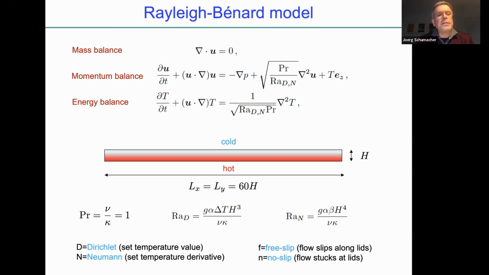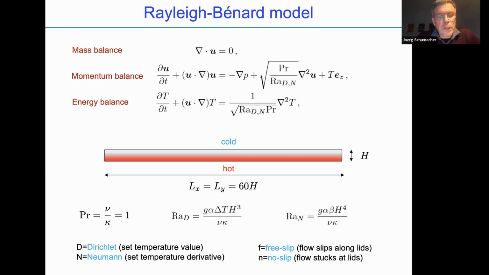There's the mass balance, which is the incompressibility condition. There's the momentum balance, that is the Navier-Stokes equation, which contains the buoyancy term as the last term on the right-hand side that couples the temperature to the velocity field. And the energy balance is basically reduced to an advection-diffusion equation for the temperature field.